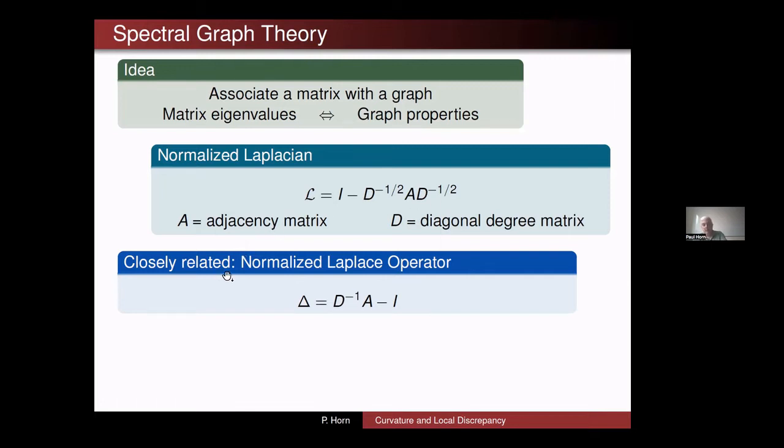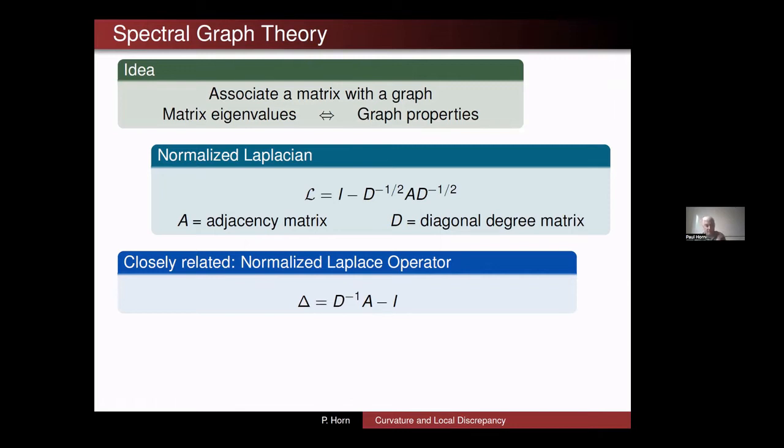There's another version of this normalized Laplace operator, which is no longer symmetric, but it is similar. Well, at least with this sign change, it's similar to minus the normalized Laplacian.